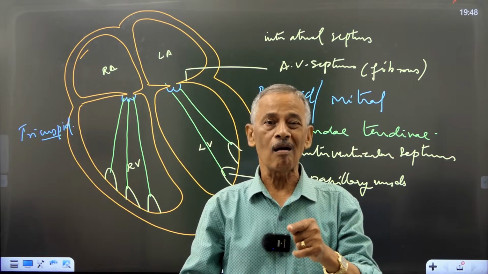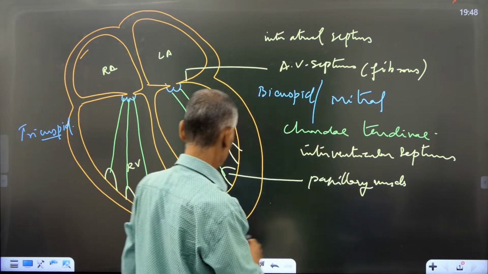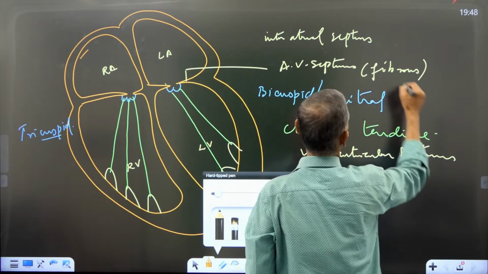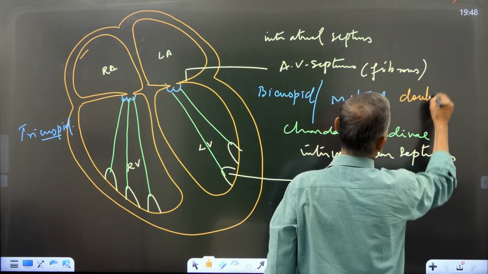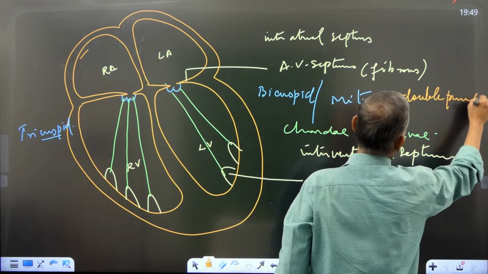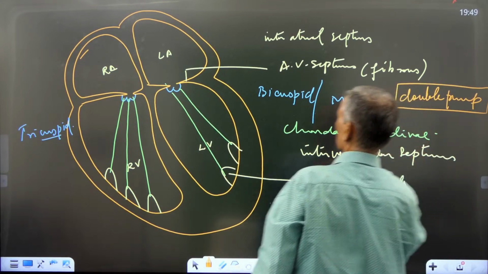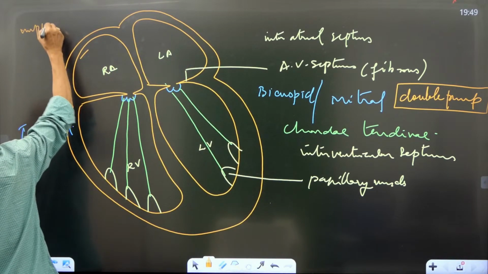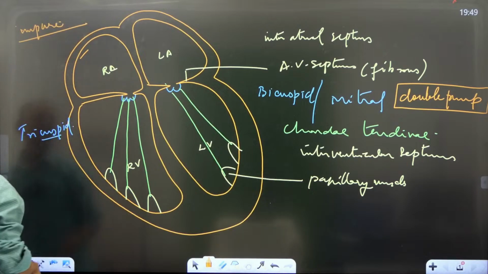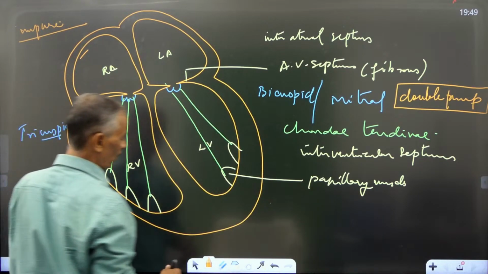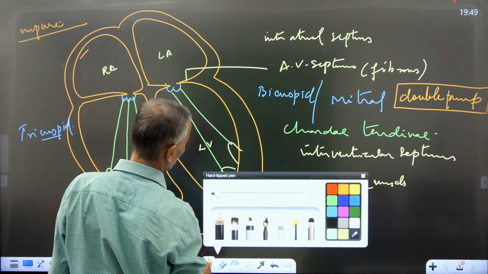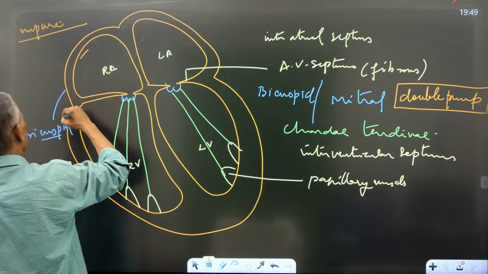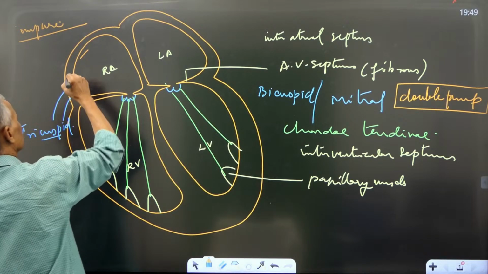That is why it is called a double pump. The right side is concerned with impure blood. So, from different parts of the body, impure blood is brought by important veins.